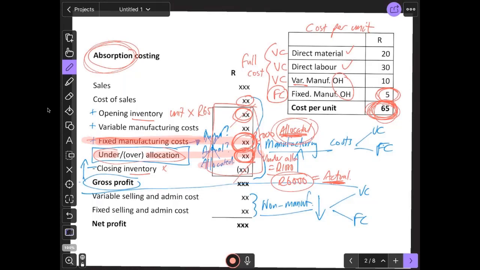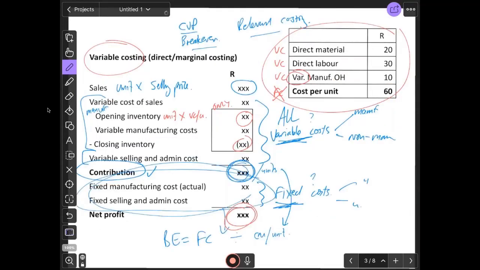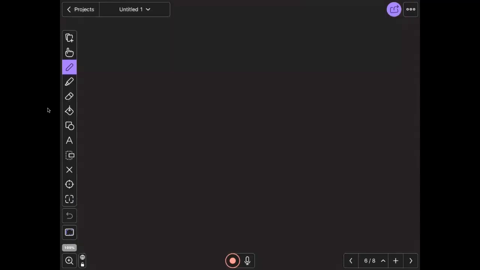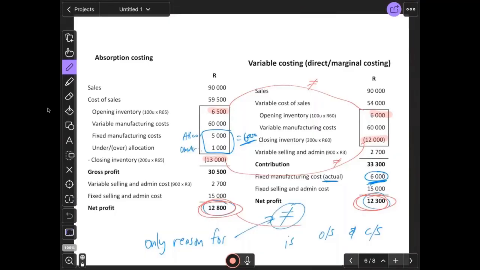So we don't have that 5 Rand fixed cost in there. And that's the only difference. It's the 5 Rand included in opening inventory and the 5 Rand included in closing inventory that causes the difference in this profit here. See, 60 Rand, 65, 65, 60. And there's our differences.